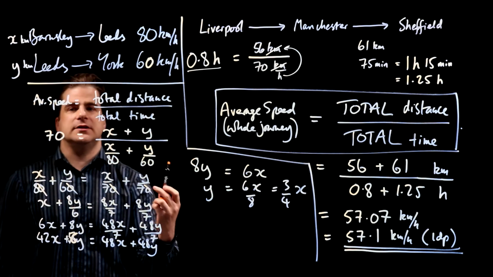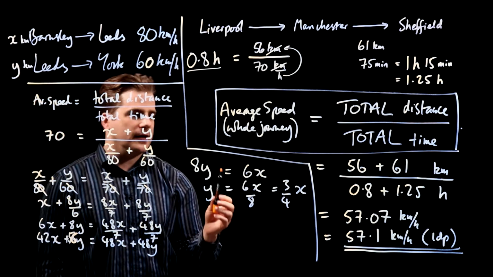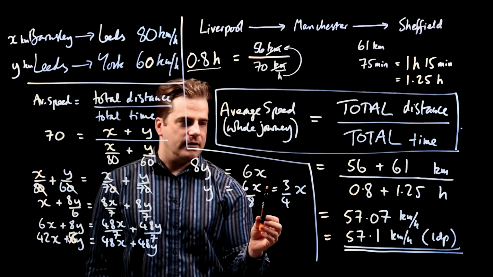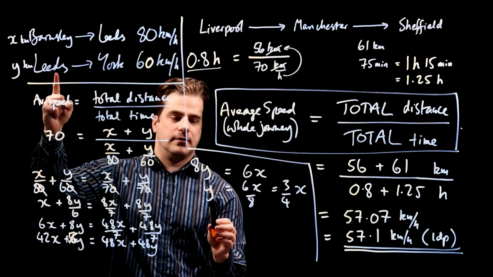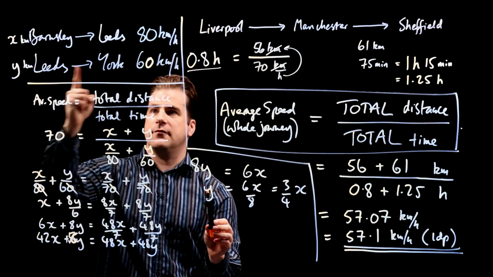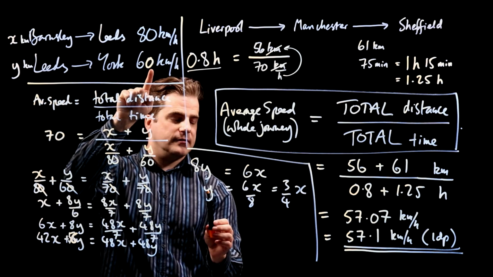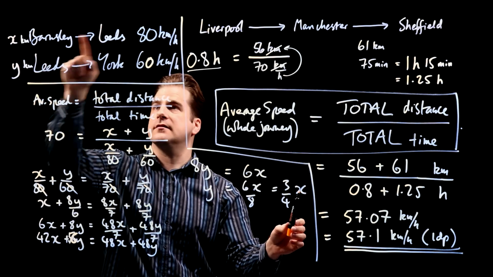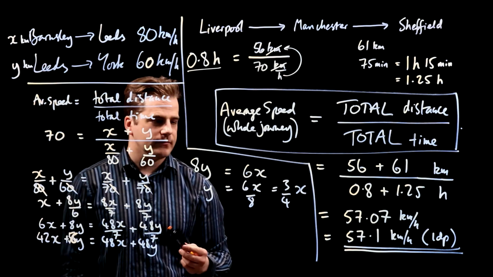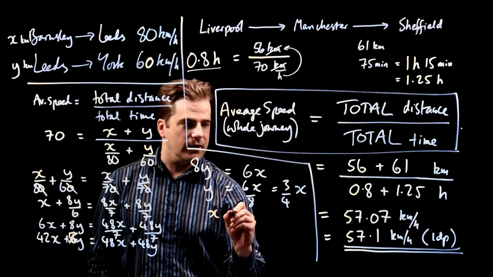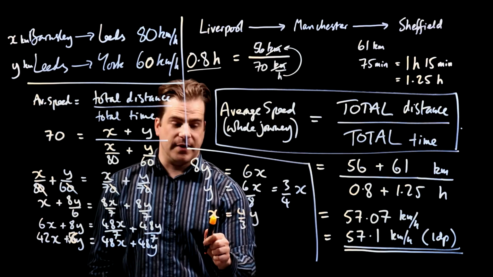In the one situation where taking the average of these two is correct, it only works out if the distance for the slower journey is smaller than the distance for the faster leg of the journey. Or if you like, you can write X is 4/3 of Y. So X is bigger than Y.